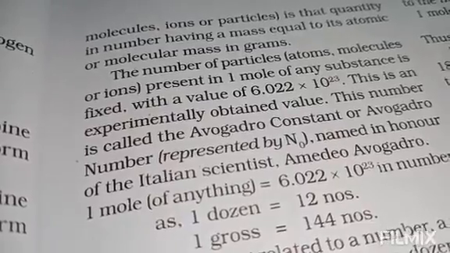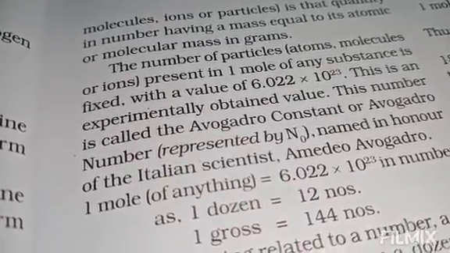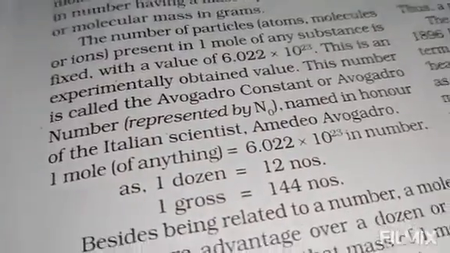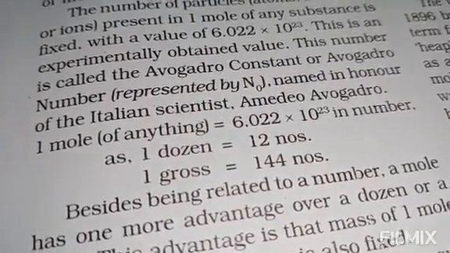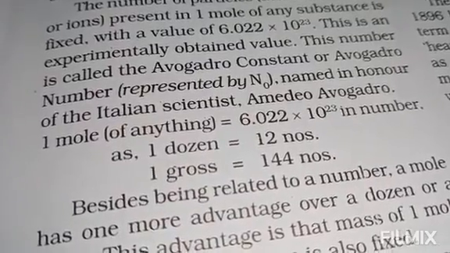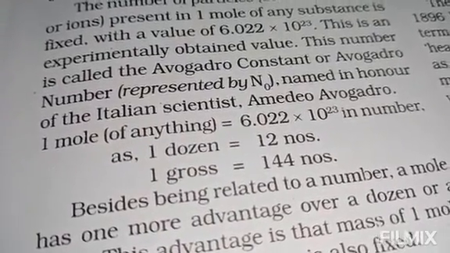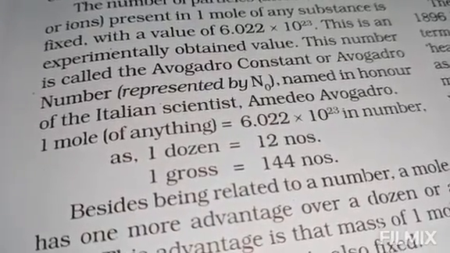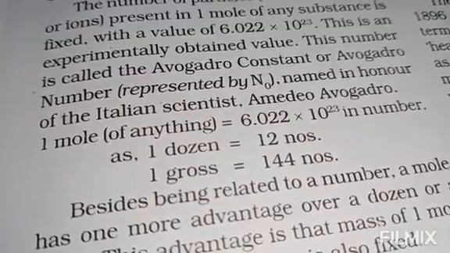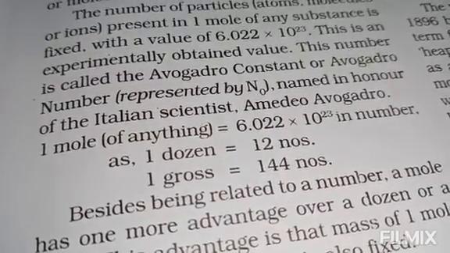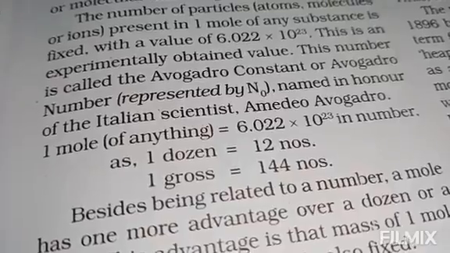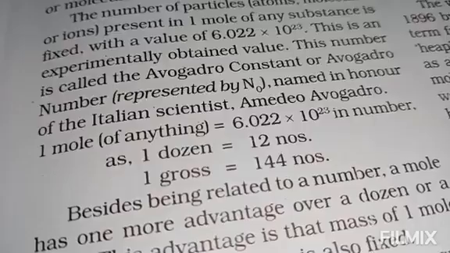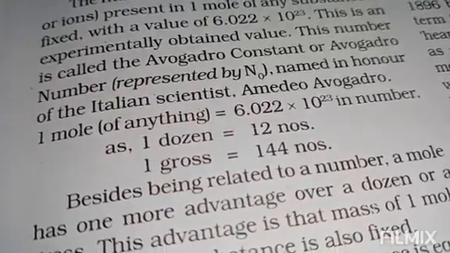That is why this number is called the Avogadro number. It is represented by either N0 or NA. So 1 mole of any substance is the amount which contains 6.022 into 10 to the power 23 particles. In short, 1 mole is the quantity of matter which contains 6.022 into 10 to the power 23 particles. This is the definition of mole.